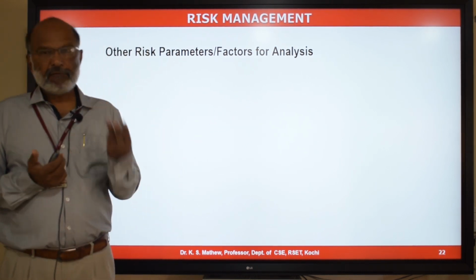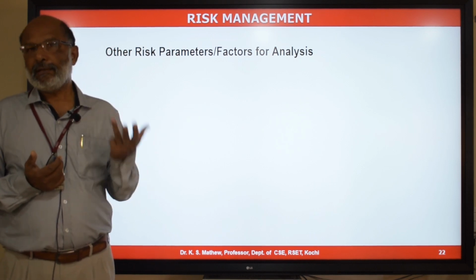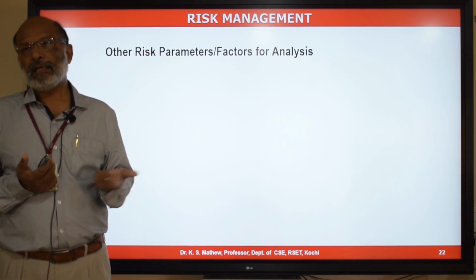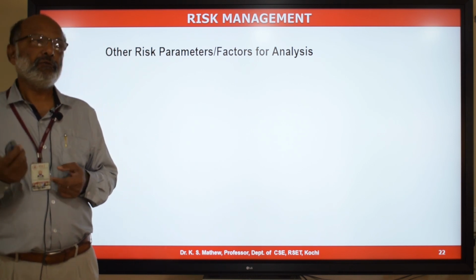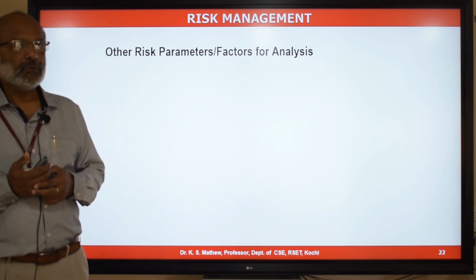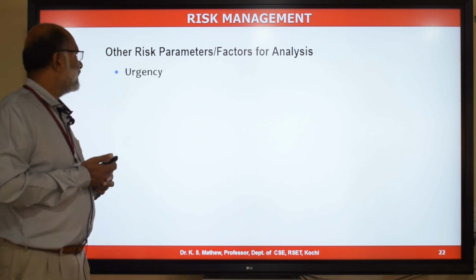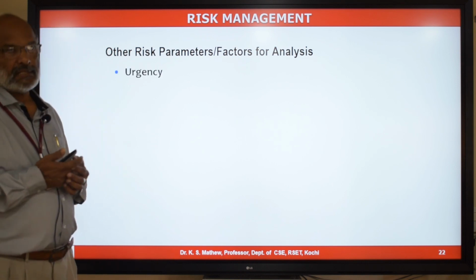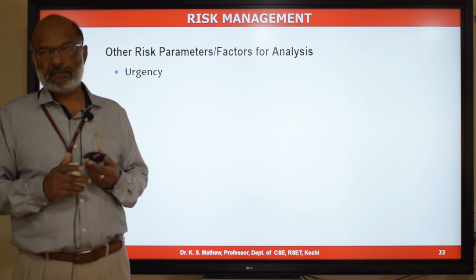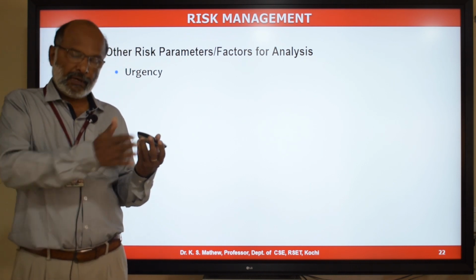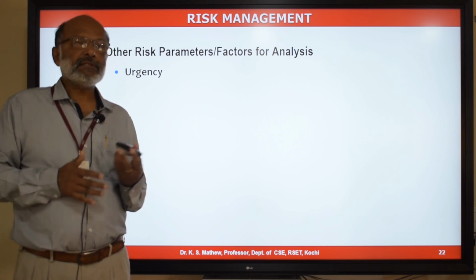We have seen only 3 factors in the previous tools, like probability, impact, and the detectability. There are some other factors as well you can consider if you want to address those. One of the factors is called urgency. How urgent it is to take an action once a risk occurs. That is the time gap between the occurrence of the risk and the action taken.